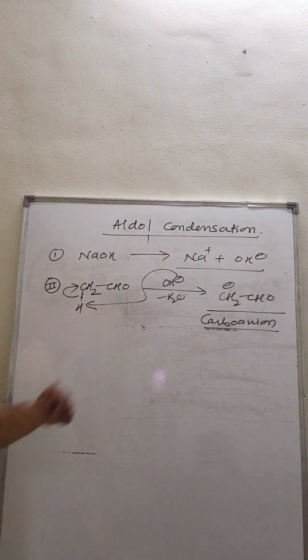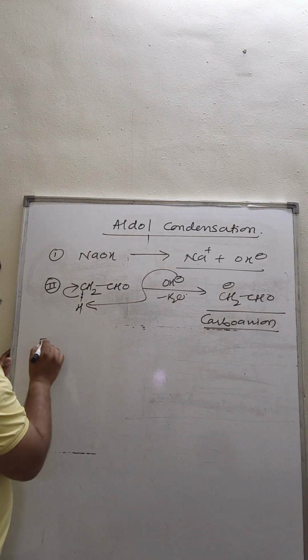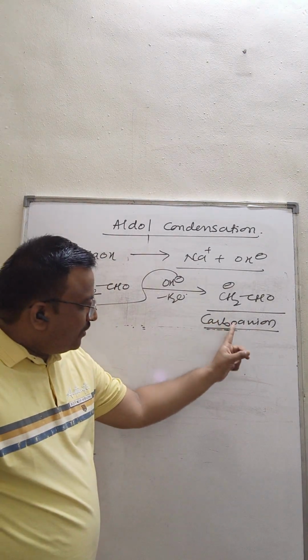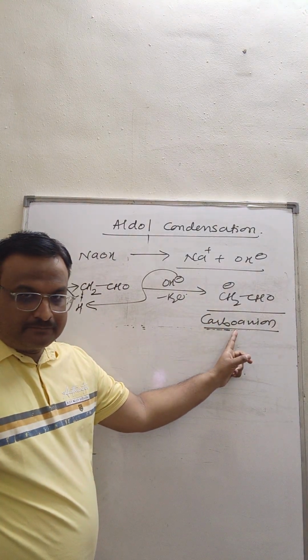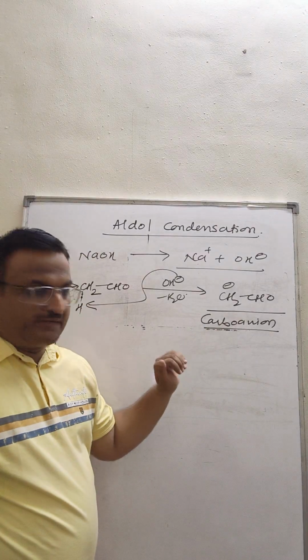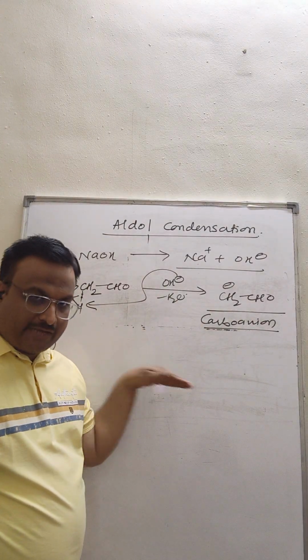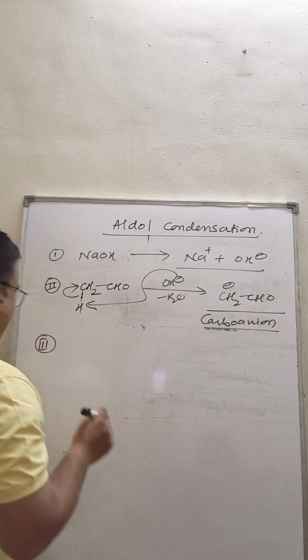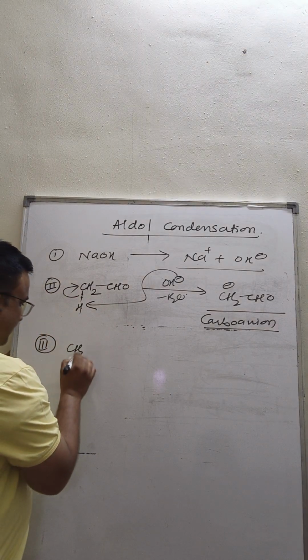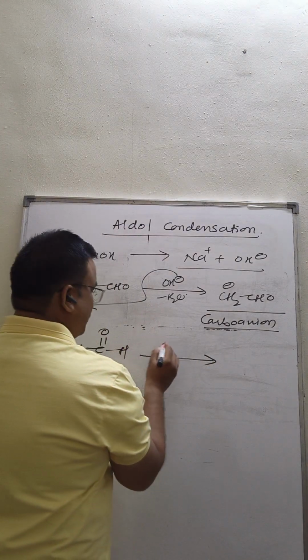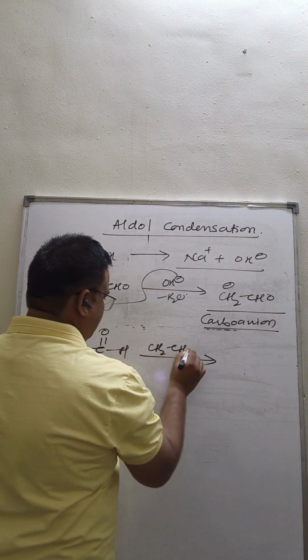Now what will be the next move? The third step is the attack of this carbanion, which acts as a nucleophile, on the next acetaldehyde molecule in order to carry out the condensation reaction. So this is the next acetaldehyde molecule, my dear friends, and here we have the carbanion CH2CHO.